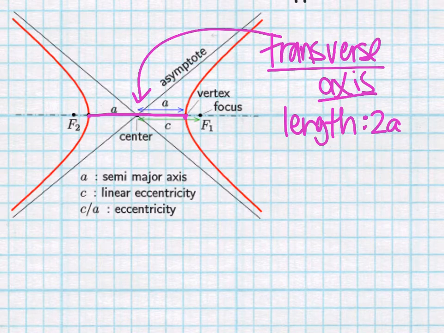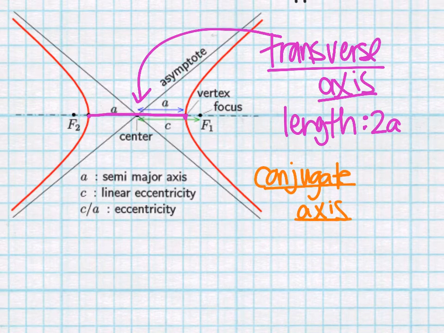There is another important axis that we will talk about sometimes, and that is called the conjugate axis. So the conjugate axis is a weird one. Its length is 2b.